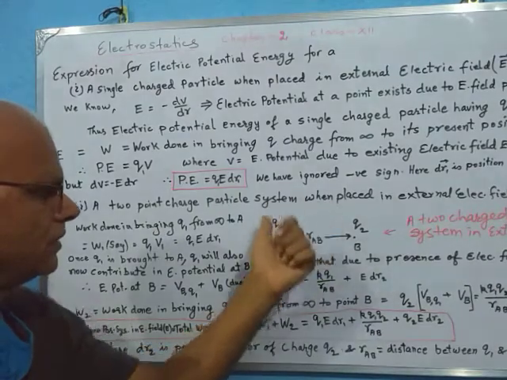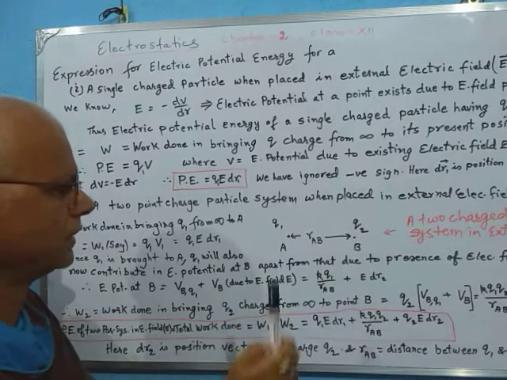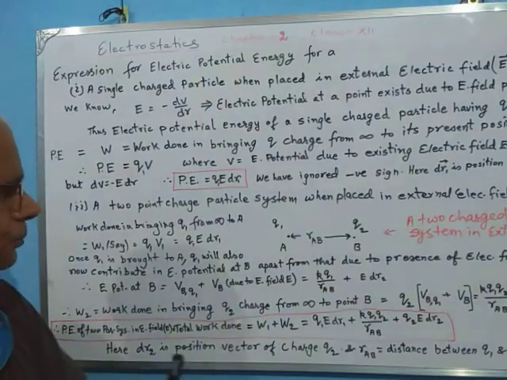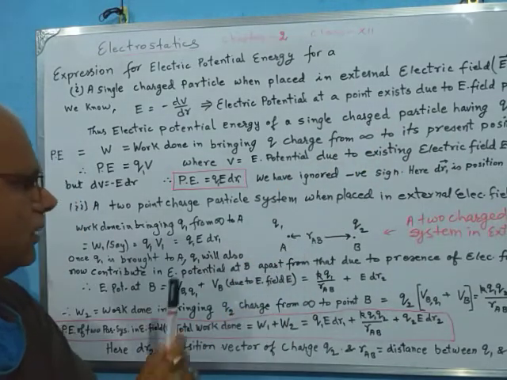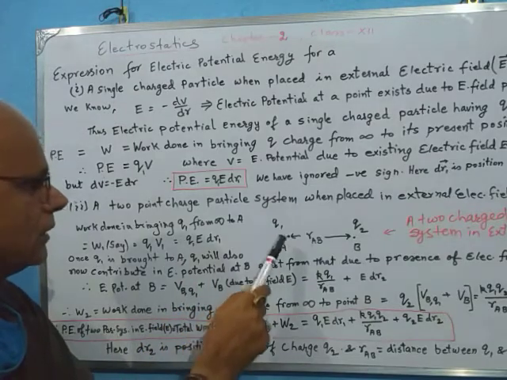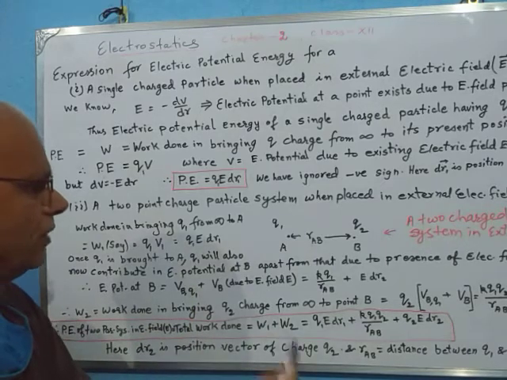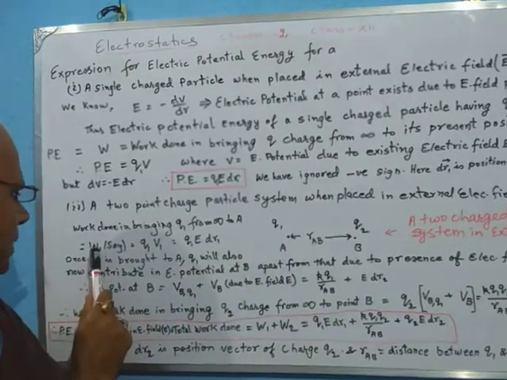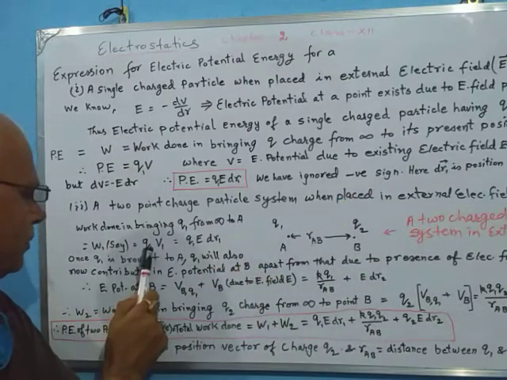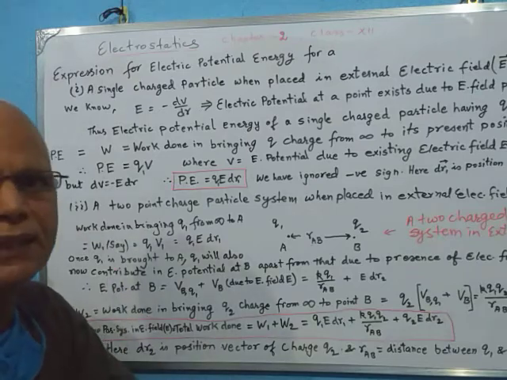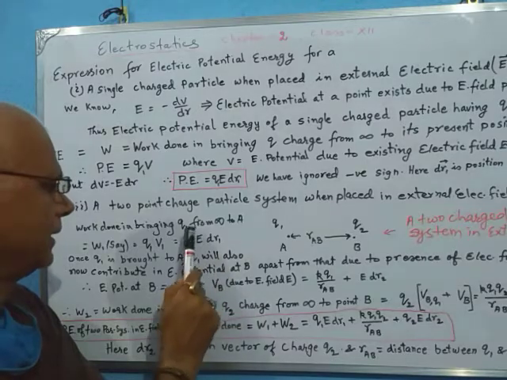Say for example we have a two charge particle system where Q1 is placed at A and Q2 is placed at B. When you bring the first charge particle Q1 from infinity to point A, you need to do some work because there already exists some electric potential, say V1, at point A. Then the work done W1 in bringing Q1 from infinity to point A will be Q1V1, where V1 is the electric potential at point A due to the electric field existing, and that can be written as E dr.